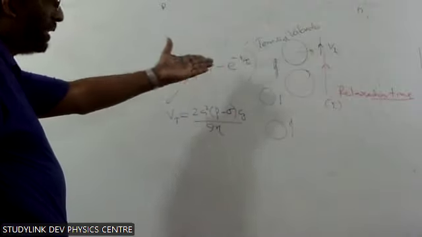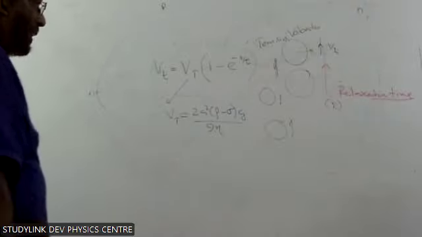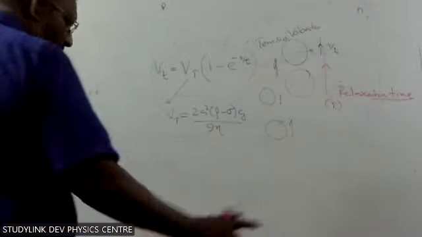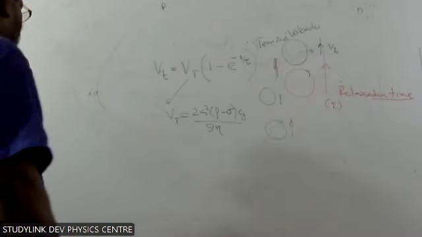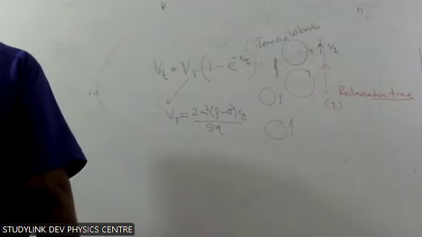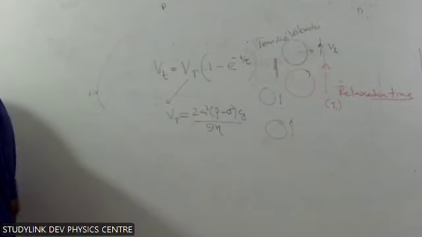Actually, this is not to be given because bio students do not know this. But once they give this, you check with the 2019 question. I will discuss it again.